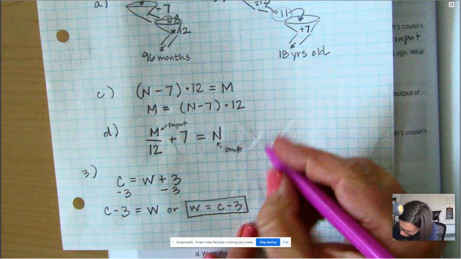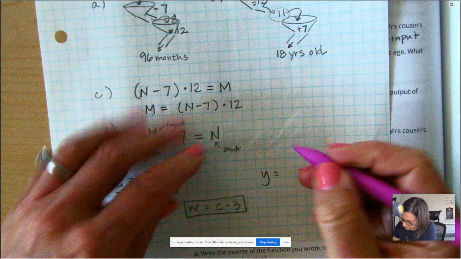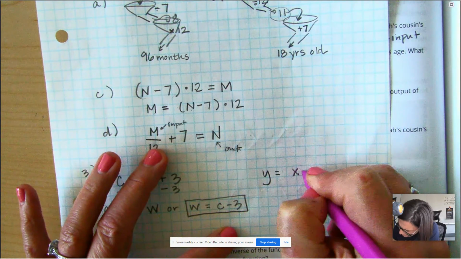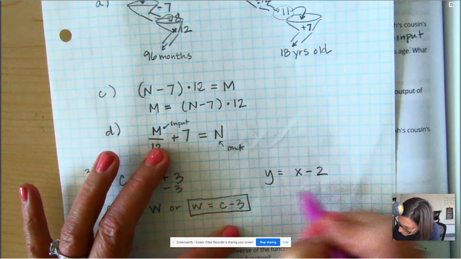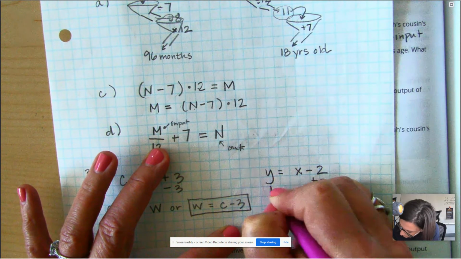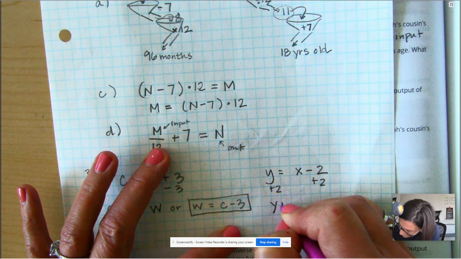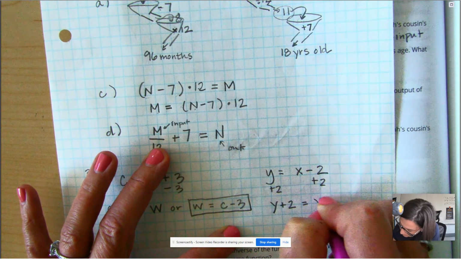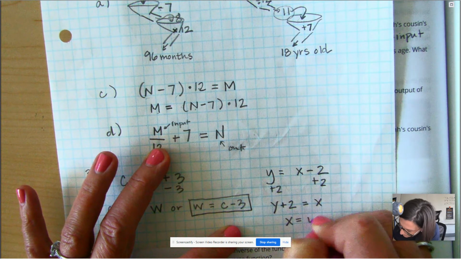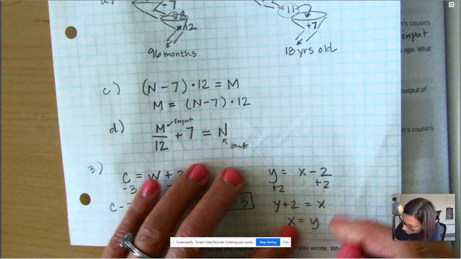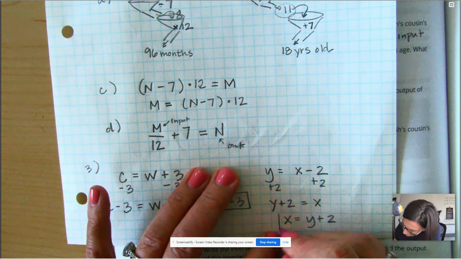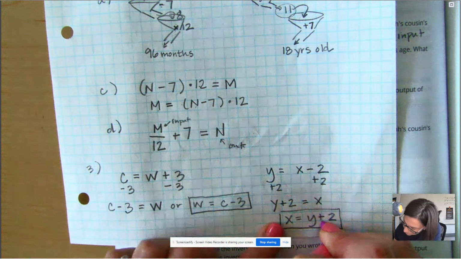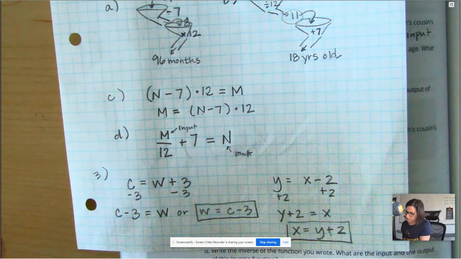Okay, next one. If we have y equals x minus 2, well, then that would mean that y plus 2 equals x, or x is equal to y plus 2. That is the inverse of this one.